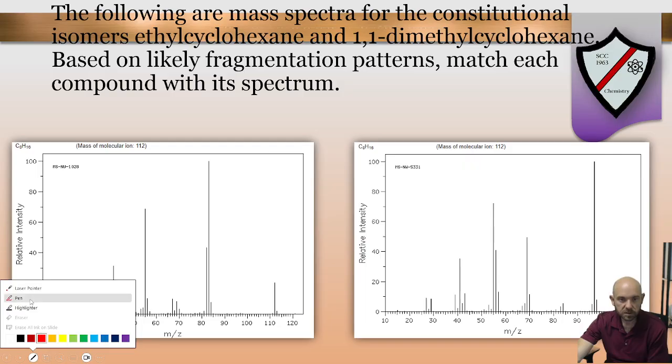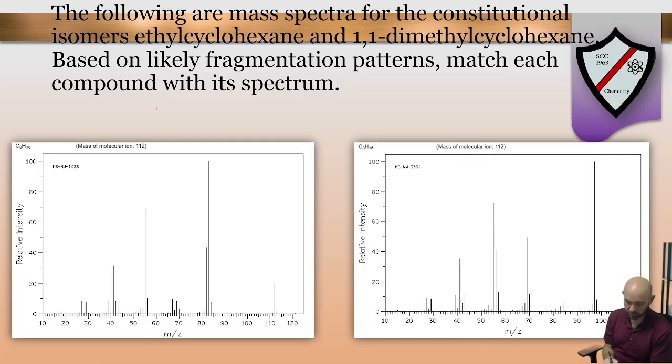So let's consider the structure of these two compounds. Ethyl cyclohexane, let's draw a cyclohexane and let's put an ethyl group on it. 1,1-dimethylcyclohexane, draw a cyclohexane, put some methyl groups on carbon number 1.